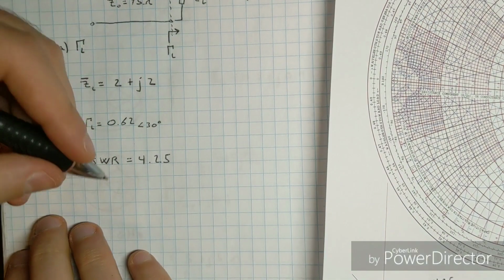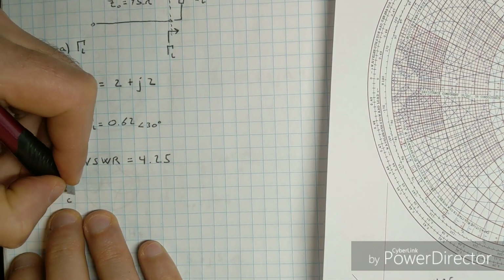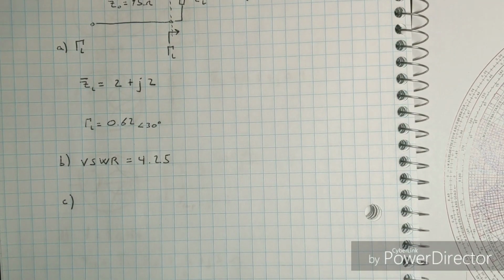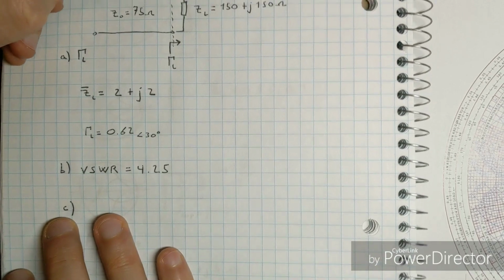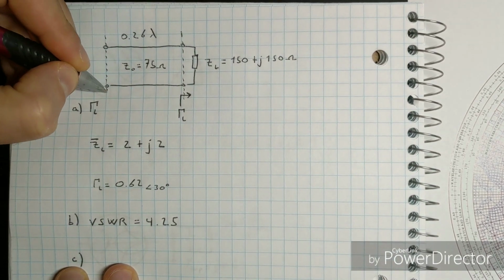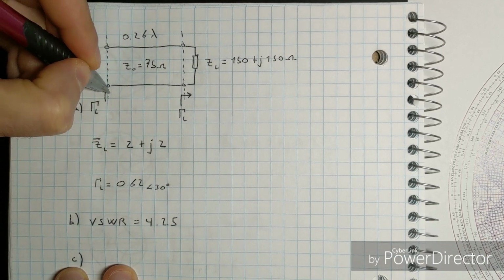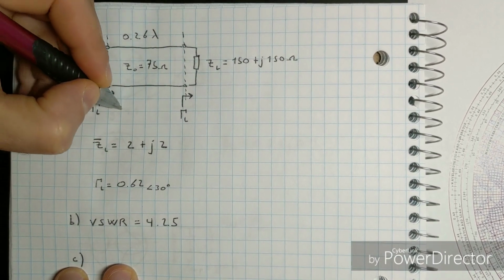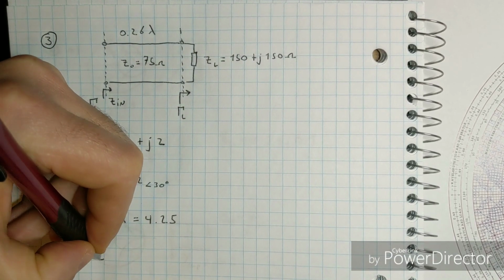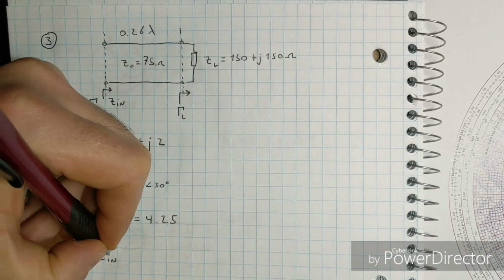All right. Part C asks what the input impedance is. So in our transmission line, what impedance are we seeing at this interface? This is going to be Z in, and Z in is what we are asked for.